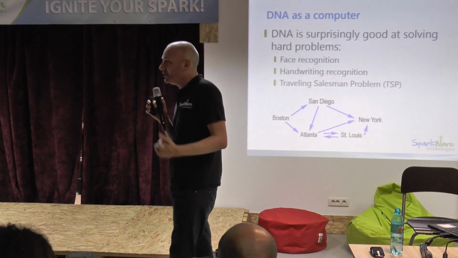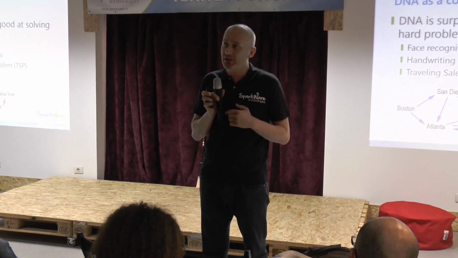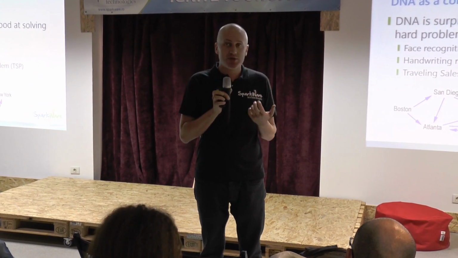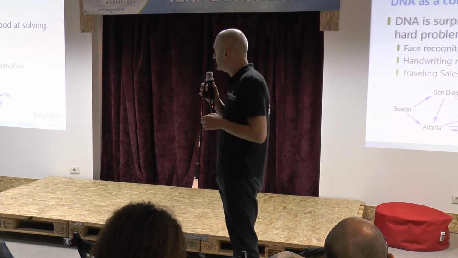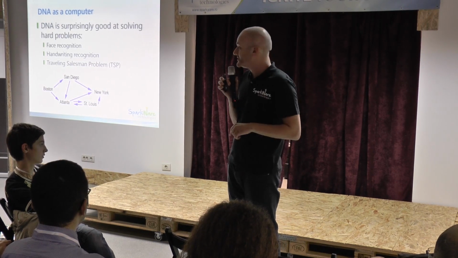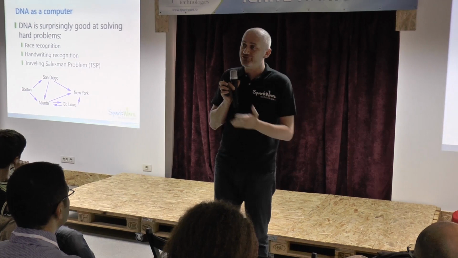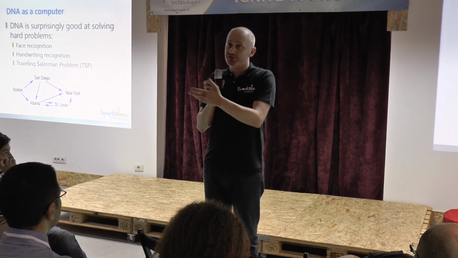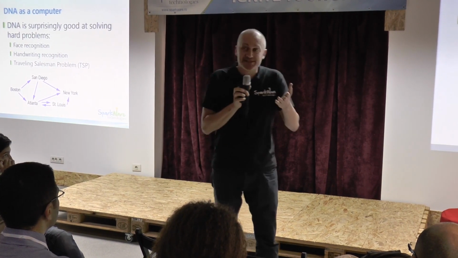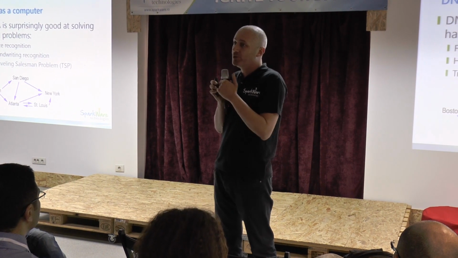And it turns out that although humans are not really good at solving those kind of questions, DNA and organisms are. So if you plant mushrooms in the place that represents Boston and San Diego, New York, Atlanta, all of the cities, mushrooms are going to create roads, create extensions to reach one another in the best possible way.